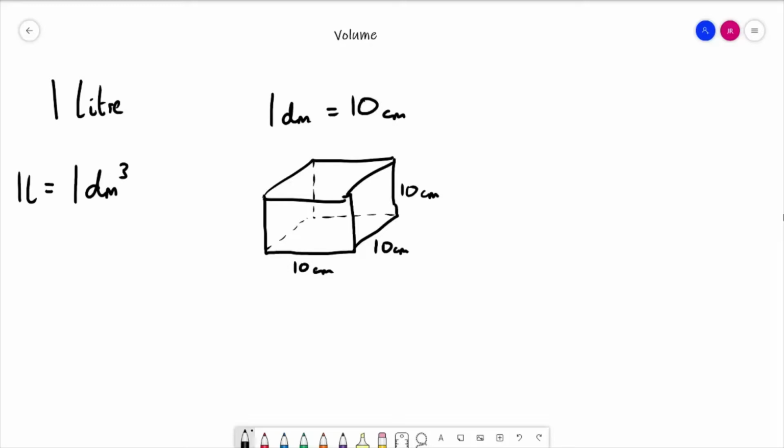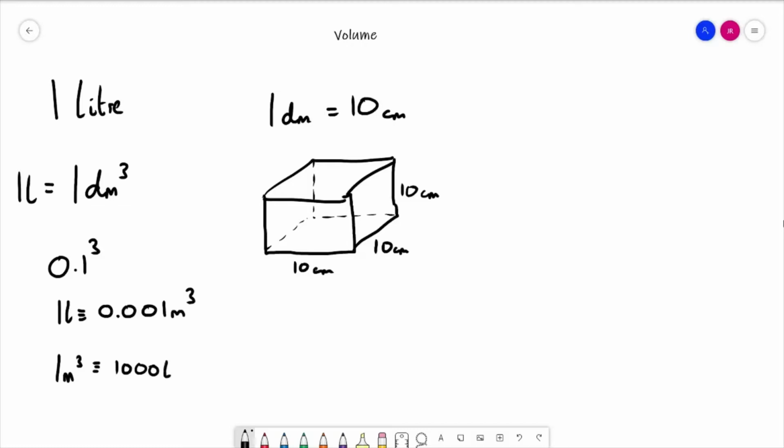Now, if we've got 10 centimetres by 10 centimetres by 10 centimetres, that would therefore be 0.1, that's obviously metres, and we're going to cube that. And therefore, 1 litre is the equivalent of 0.001 metres cubed.